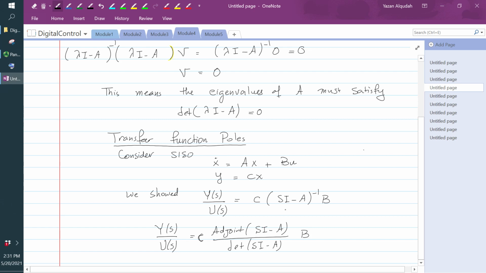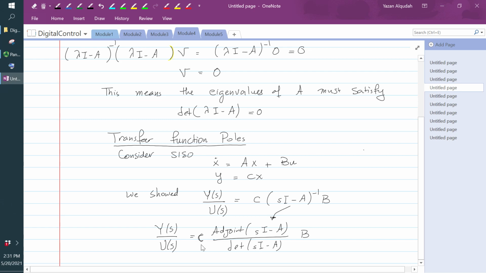This is how I calculate the inverse of the matrix. The adjoint of sI minus A, of course s here is a small letter, even though I'm writing it bigger than it should be. This is the s that we know, the Laplace s.